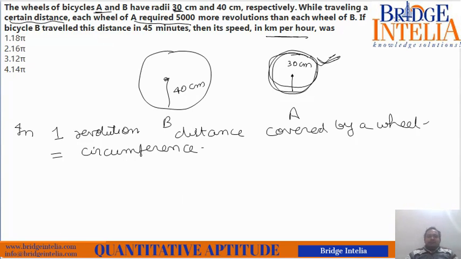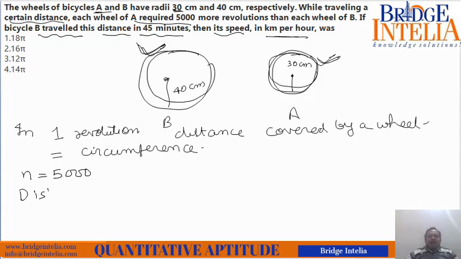What have we to calculate? If bicycle B traveled this distance in 45 minutes, then its speed. So we have to find the speed of this bicycle. We know that n is equal to 15,000. It means wheel B rotated 15,000 times.